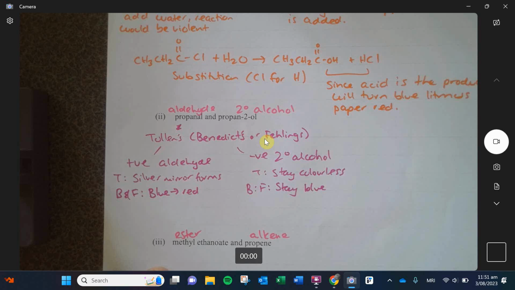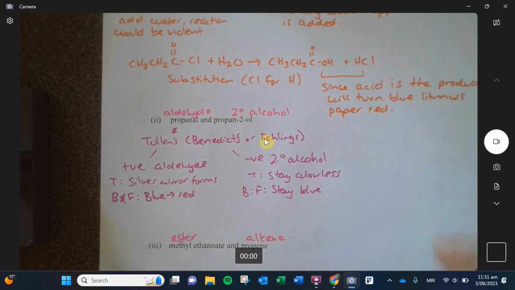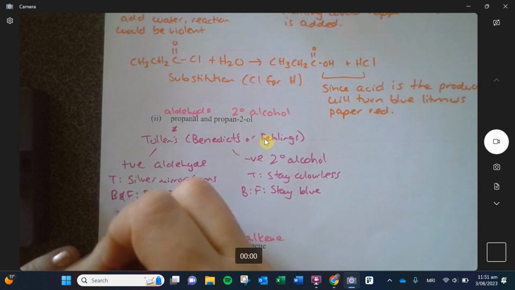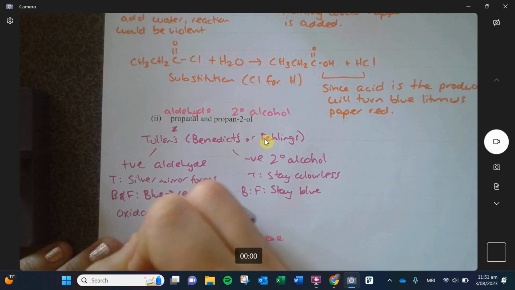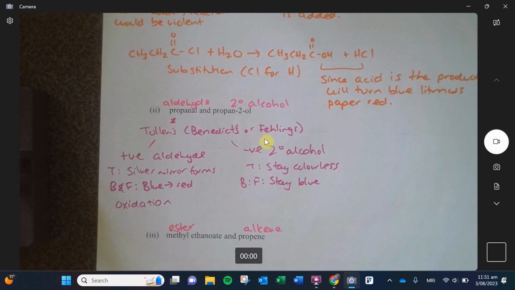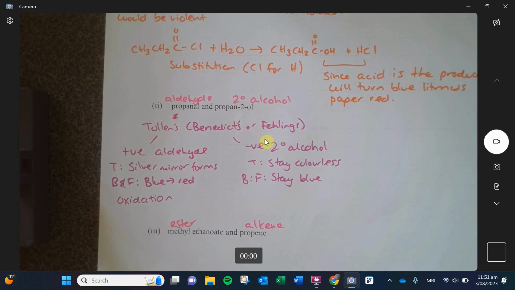So that gives me the reagents, the observations, the type of reaction that is occurring here. In this case, we are talking about an oxidation reaction, which we talked about before. So what happens is that the aldehyde can be oxidized to the second step, which is a carboxylic acid.